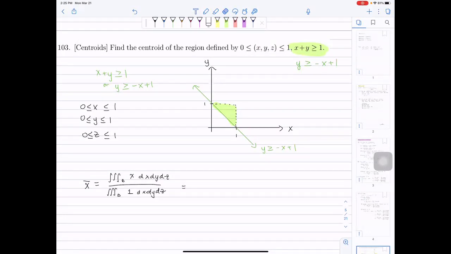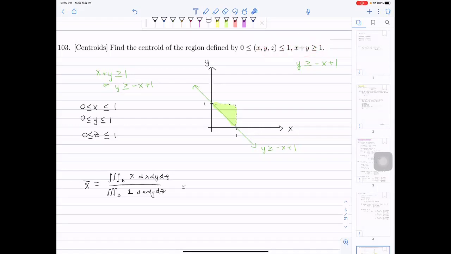Yes. If this example is in 3D, why are you able to look at the bounds only in terms of x, y? I just drew the xy plane so that we can see what this extra condition means, but it is 3-dimensional.